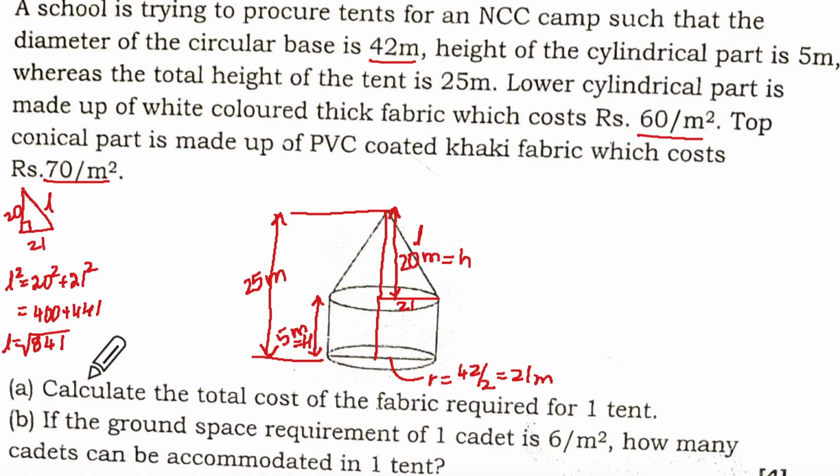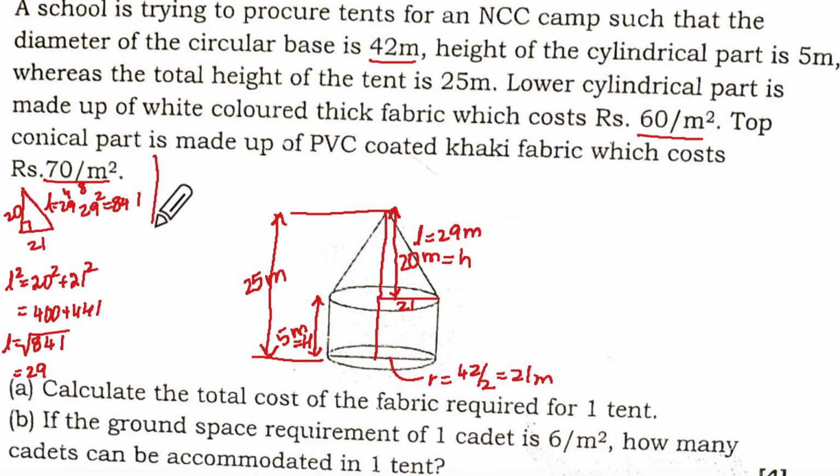Now I know that 30 square is 900. So I'm going to check for 29 square. 29 square, 9 nines 81, carry 8, 2 nines 18, 2 is 36, and 8 44, carry 4, 2 2 is 4, and 4 8. So this is your 29 square, 841. So L is 29. So right over here L equal to 29 meter.